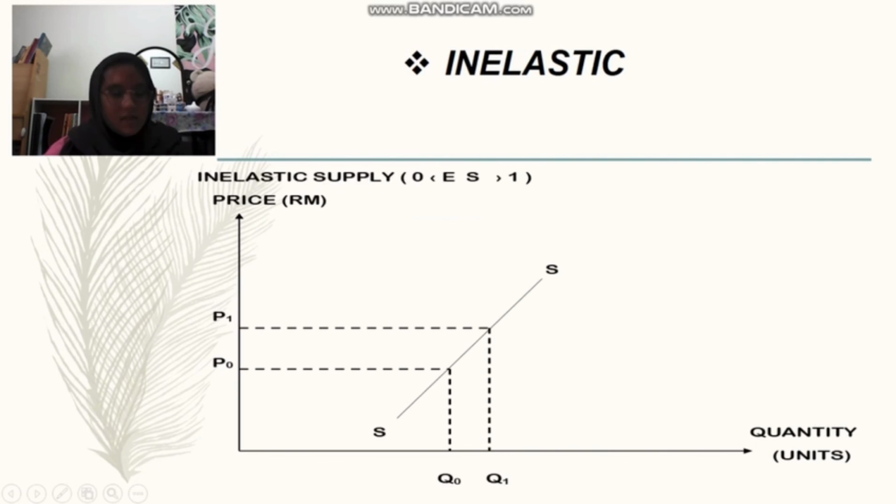Inelastic is when the percentage change in quantity supplied is smaller than the change in price. So if the price changes by 10, maybe the quantity supplied changes by only 5.